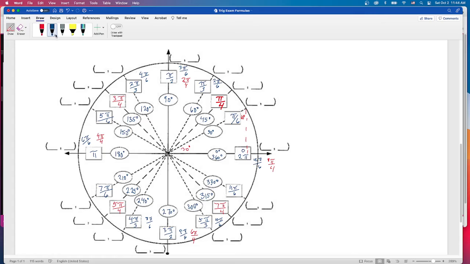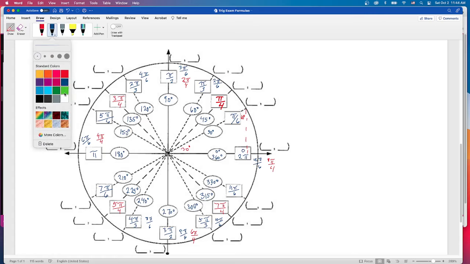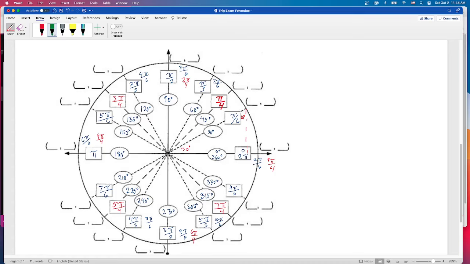So let's go with a slightly different color. Let's go with dark green. Okay, so I'm going to start with the 4 cardinal points, east, north, west, and south, because those will kind of be the easiest to spot.